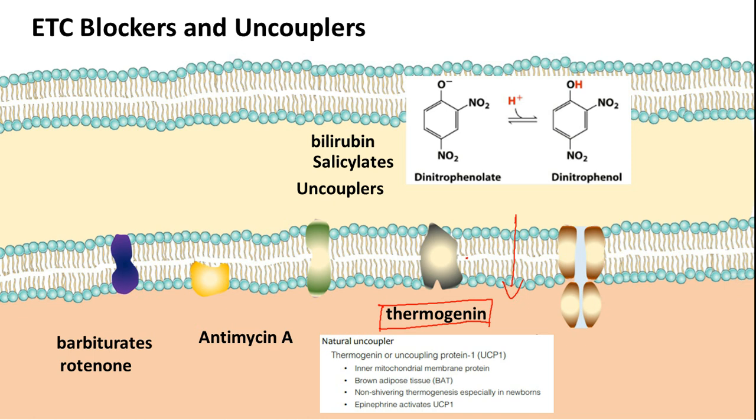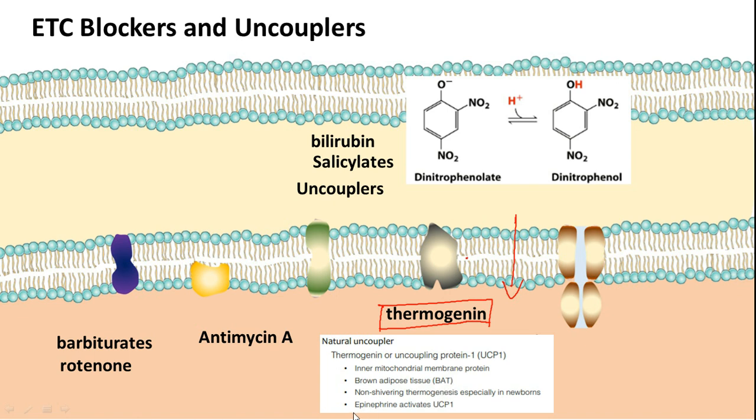So here it's a natural uncoupler, we call it thermogenin or uncoupling protein 1. It is present on the inner mitochondrial membrane. As I told you, this is the outer mitochondrial membrane and this is the inner mitochondrial membrane. It's a transmembrane protein, especially present in brown adipose tissue, and it generates non-shivering temperature, because usually when we suffer from higher fevers, the patient tends to shiver.